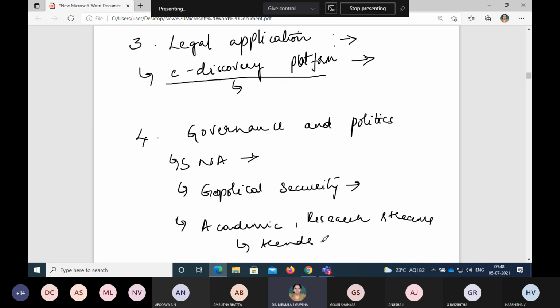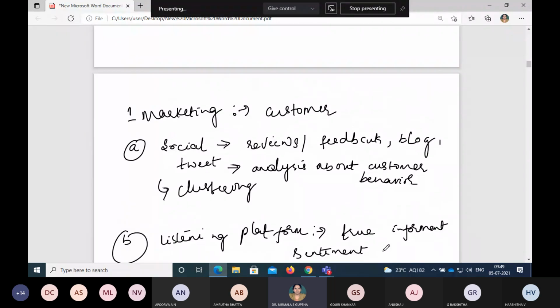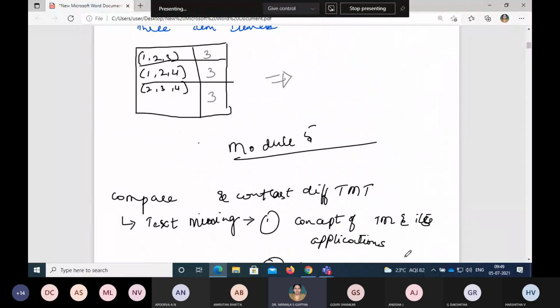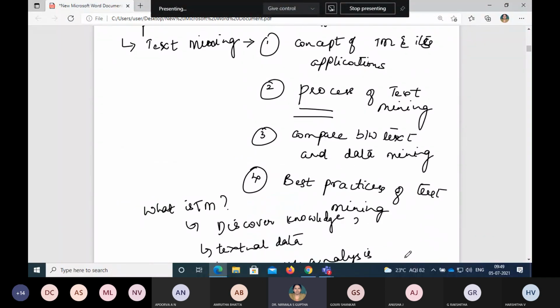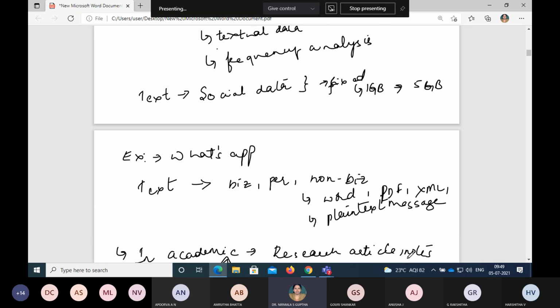I'll just conclude the session. Today we started understanding and learning about the course objective of comparing and contrasting different text mining techniques. We started learning the first objective of the class, understanding the concept of text mining: what is text, what is text mining, and what do we mean by textual mining. We also started understanding its applications: what is text mining, why text mining, and examples of text mining, with WhatsApp as a case study.